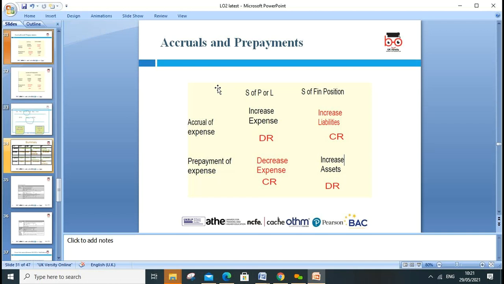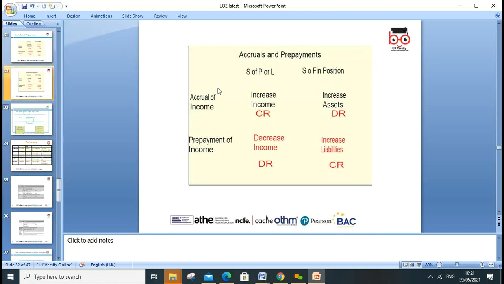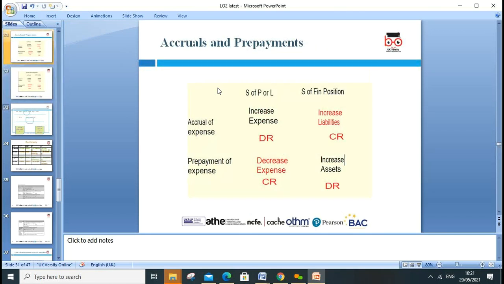Expense will be debit. Accrual means the expense incurred, but we have not paid it. And accrued income, we provided the service, but we didn't receive it. So opposite of that. Sometimes it can be a confusion.